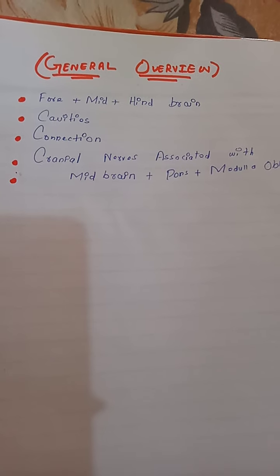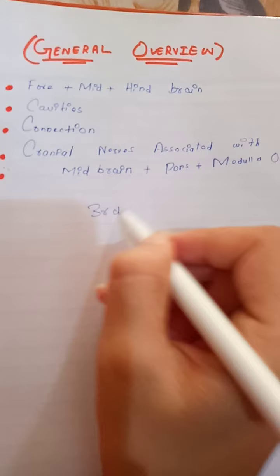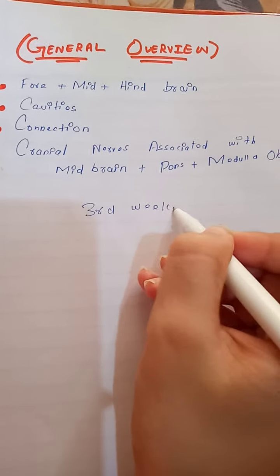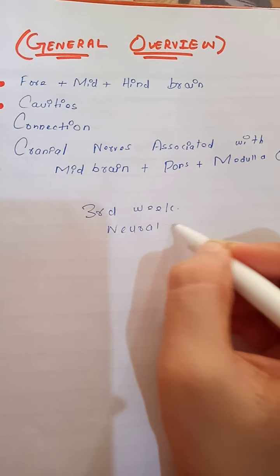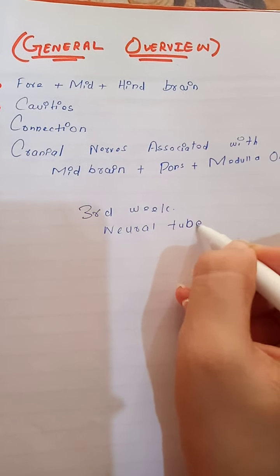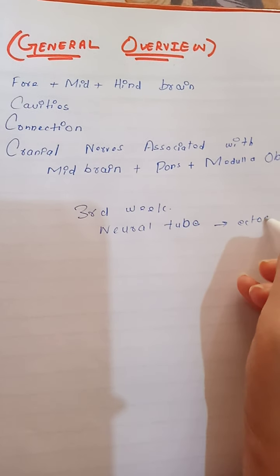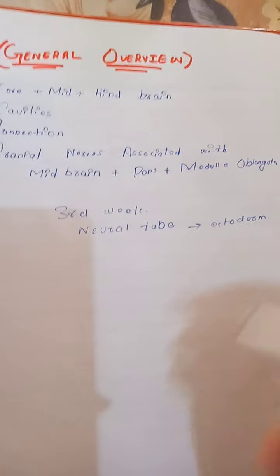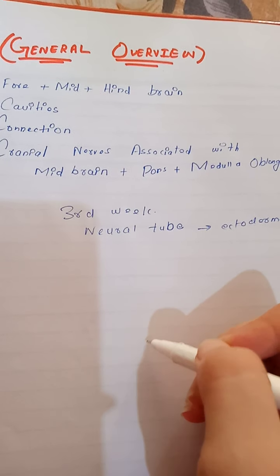So first of all, the neural tube, which is formed in the third week from the ectoderm, will have the caudal end and the cephalic end.